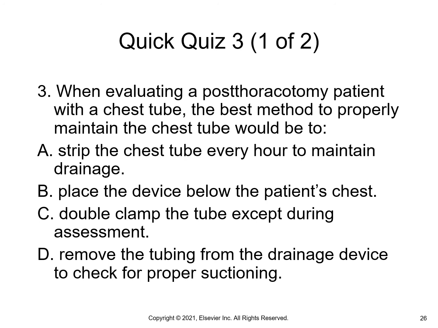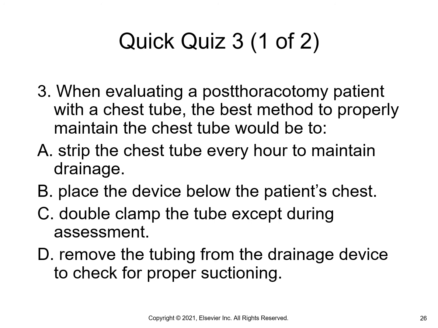A patient that has a thoracotomy, that is the thorax cut, had a surgery that went inside the thorax, and then they put a chest tube in after that surgery. The best method to properly maintain the chest tube: you don't strip the chest tube, definitely not every hour, and you don't double clamp the tube.